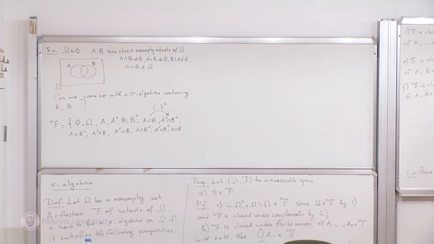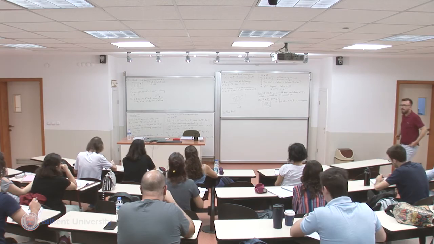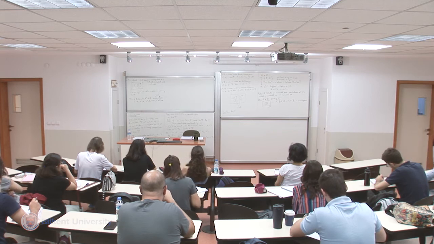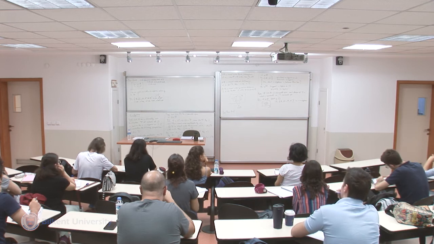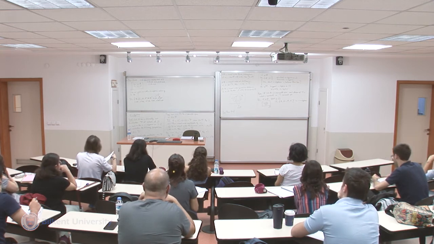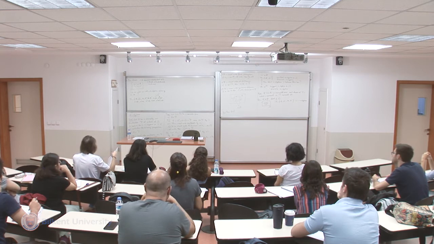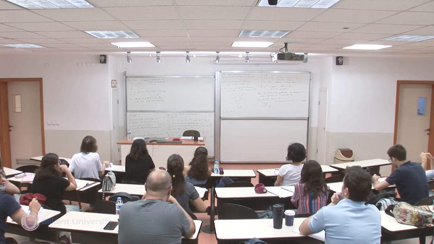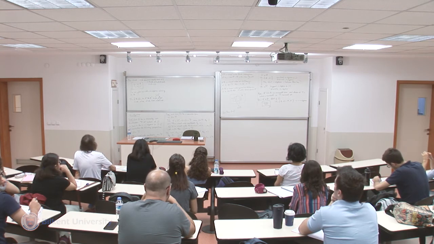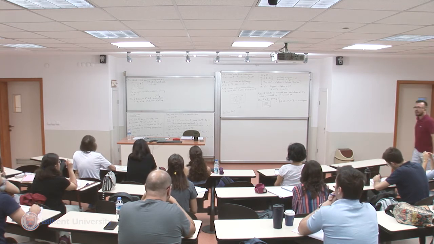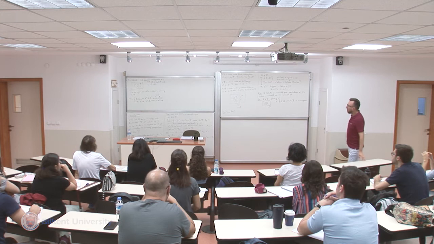Do we have more? Can you take the union of two sets in this list so far and get a different set? Where is A minus B? Is A minus B there? Where? A intersection B complement.